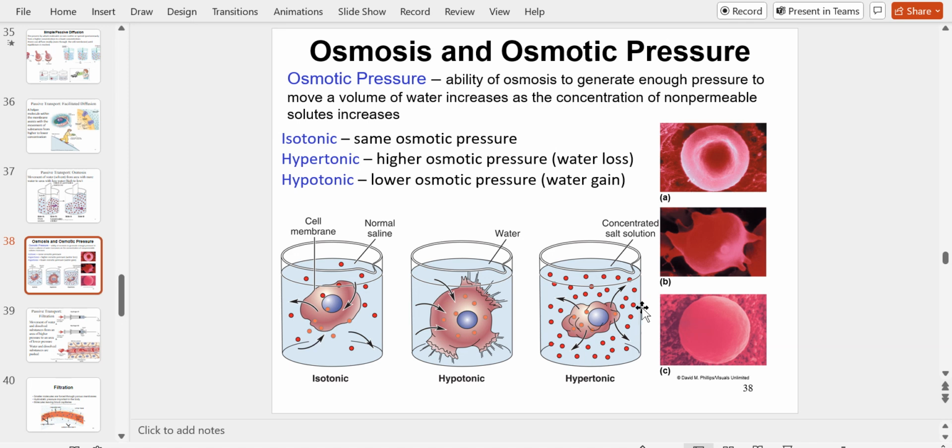That's what we call hypertonic, a greater salty. And hypotonic, less salty. So now the water rushes inside the RBC and it explodes.